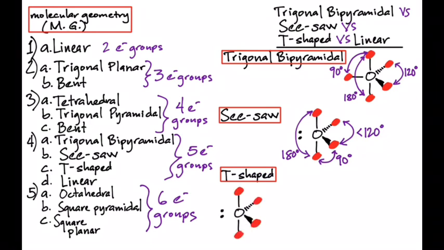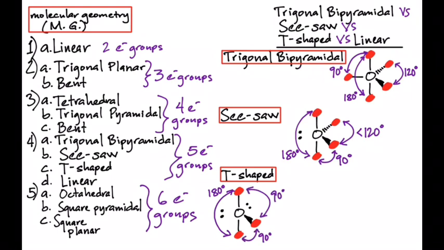All right, so it's T-shaped because it looks like the letter T. So you can rotate this again 90 degrees clockwise, and what you have is a T-shaped molecule. And the bond angle between them, you have 180 degrees between the 2 axial atoms, and then 90 degrees between these 2 atoms here.